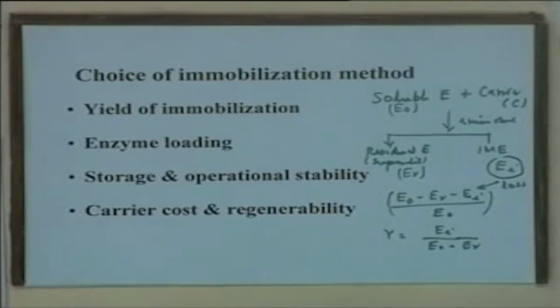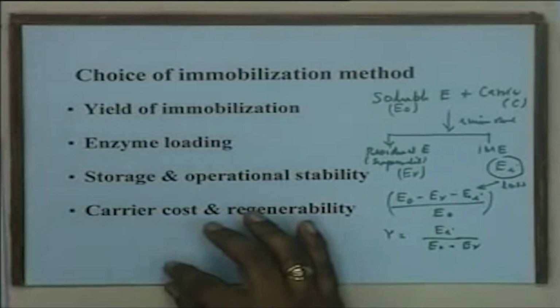You see, right in the beginning I probably made it very clear that when we talk of enzyme, quantification of enzyme is just not a physical quantity like mass or concentration. It is a functional property, and activity represents functionally active enzyme. We are not measuring EI in terms of protein content.